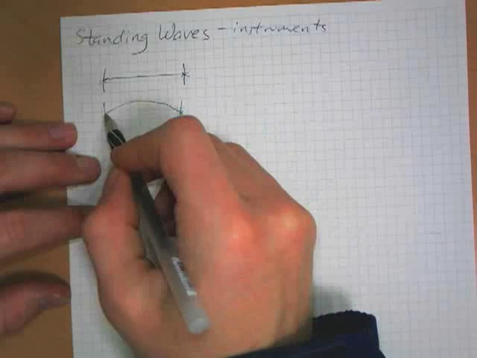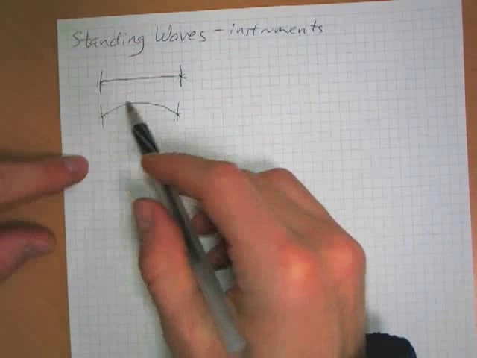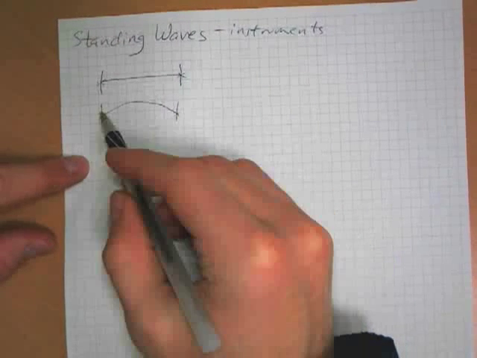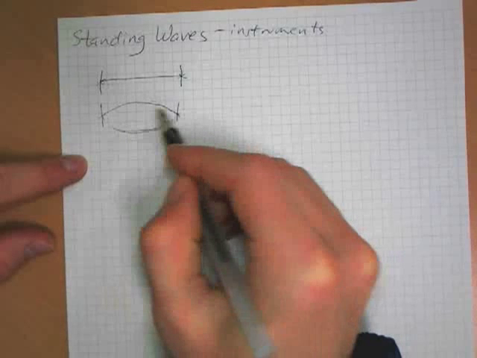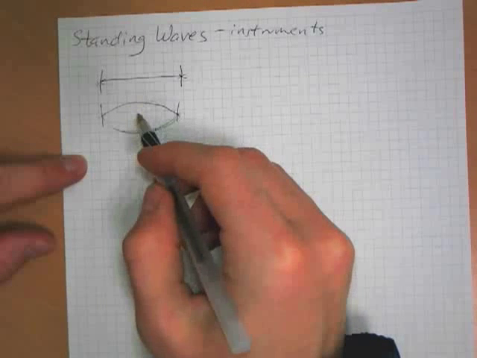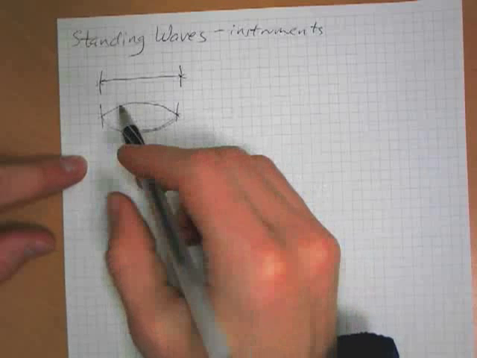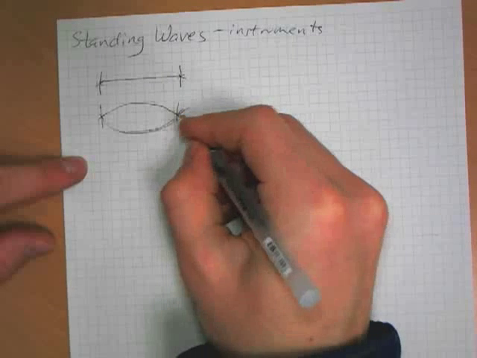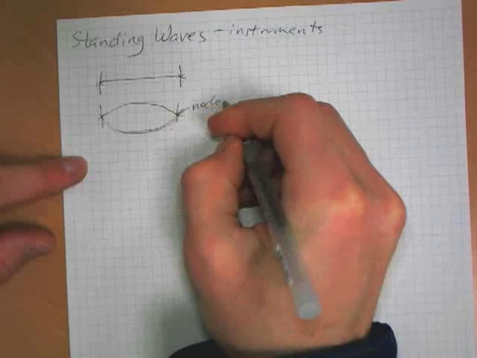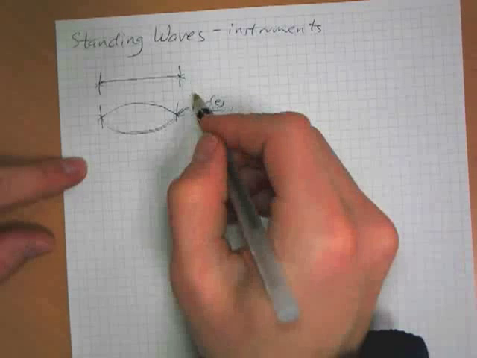It'll go back and forth between being up and down, and it'll hit everywhere in between, but it's just vibrating back and forth in this sort of wave shape, which is why it's called a standing wave. There are these points of zero displacement called nodes that are not moving.